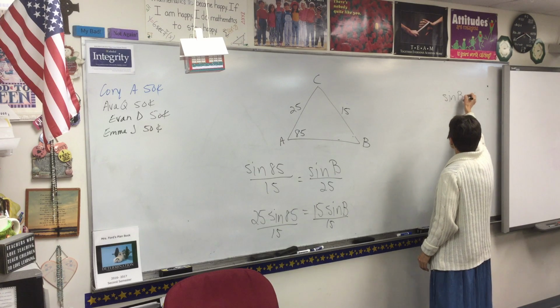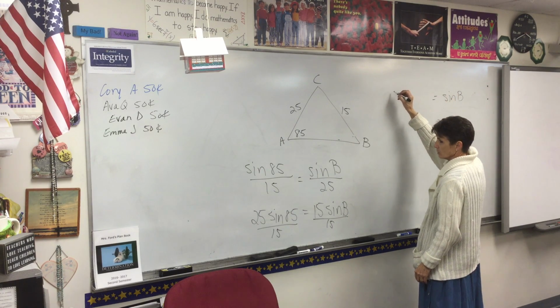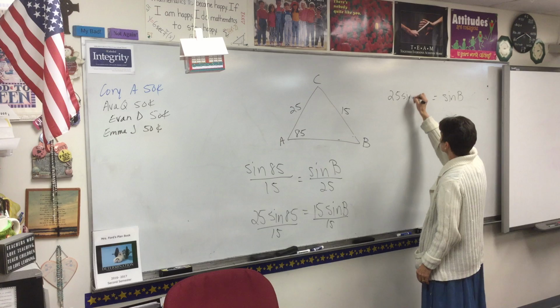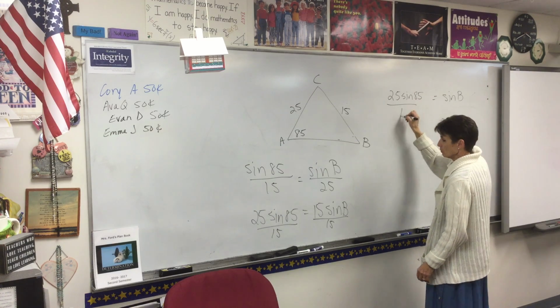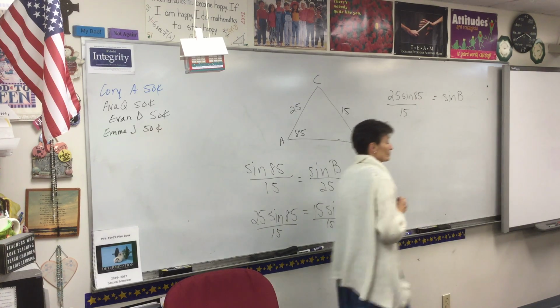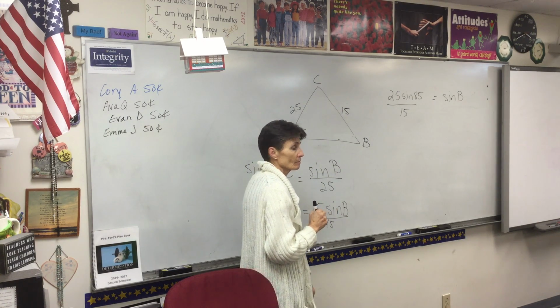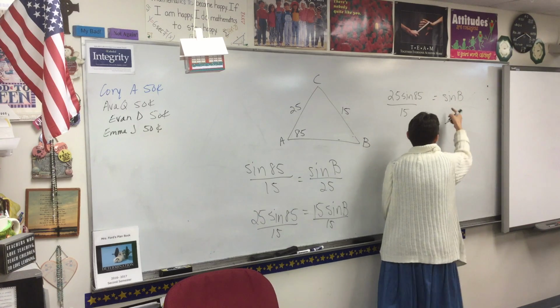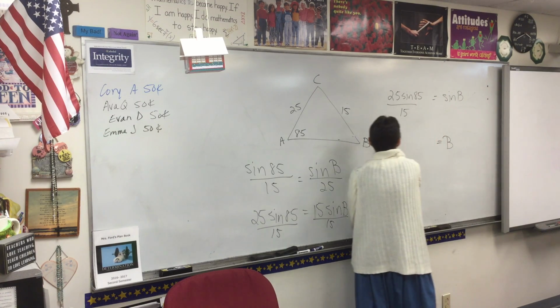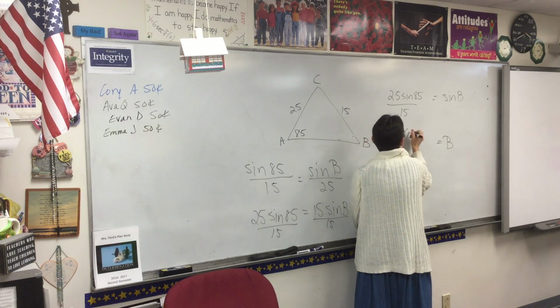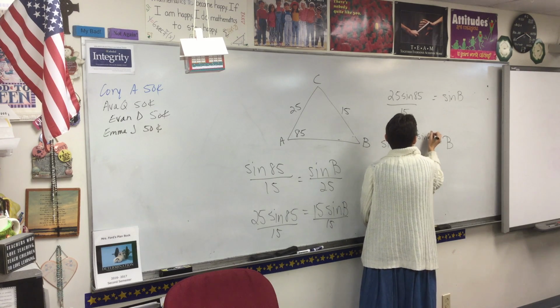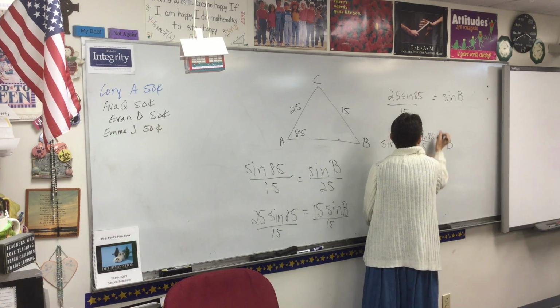So sine B equals 25 sine 85 over 15. And to get the angle, I do second sine of 25 sine 85 over 15.